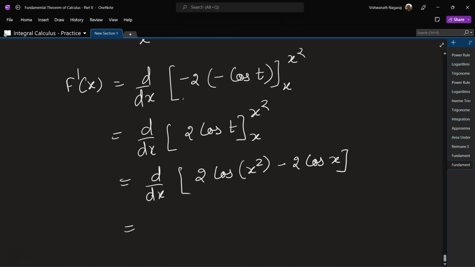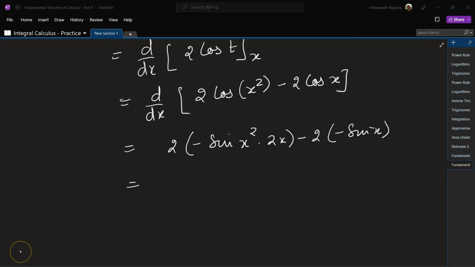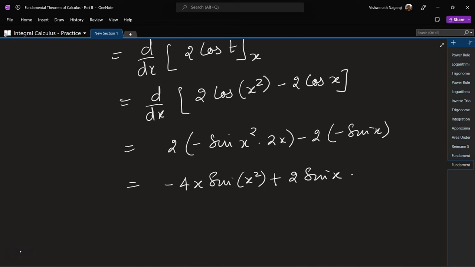So this would be 2 times, differentiating cos, we get minus sine x square times 2x, and then minus 2 times minus sine x, which gives us minus 4x sine x square plus 2 sine x. So that is the result.